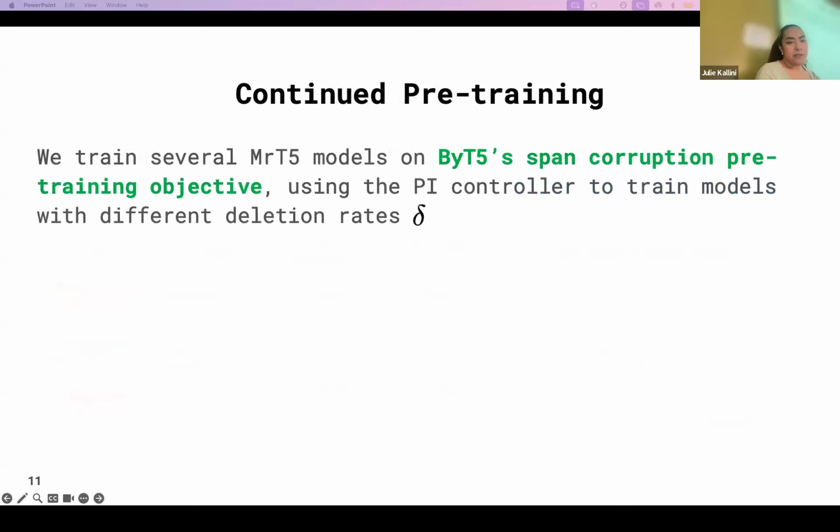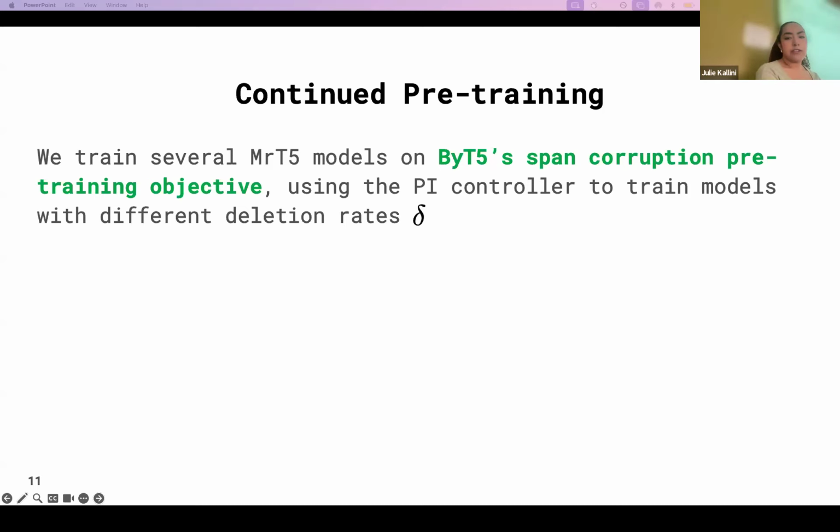And following the simulations, we have some experiments on continued pre-training experiments. So this is on real language data, where we train MrT5 on Byte-T5's original span corruption training objective. And this is the same method that was used for pre-training Byte-T5 and T5 models.